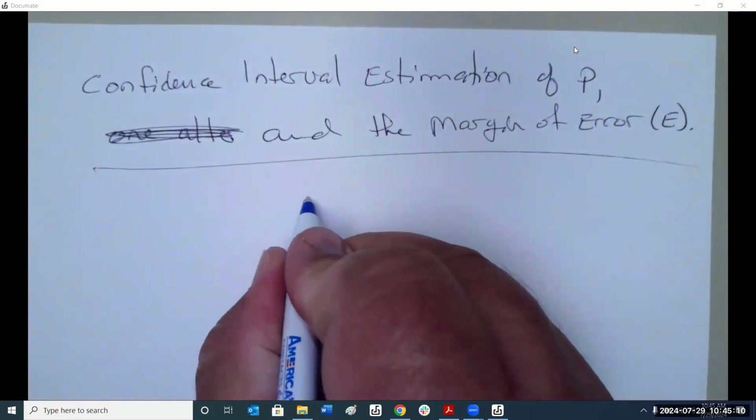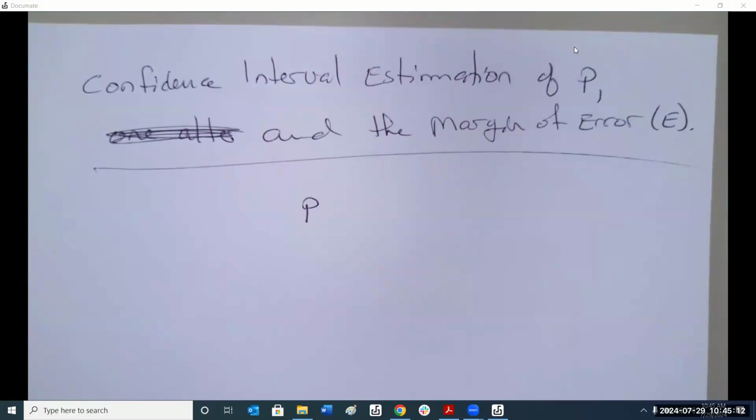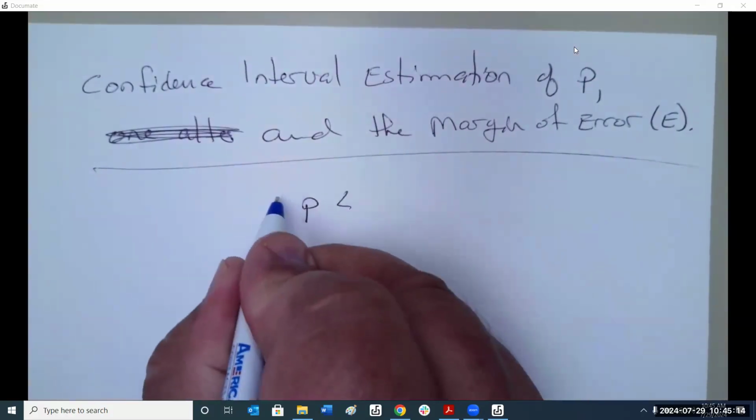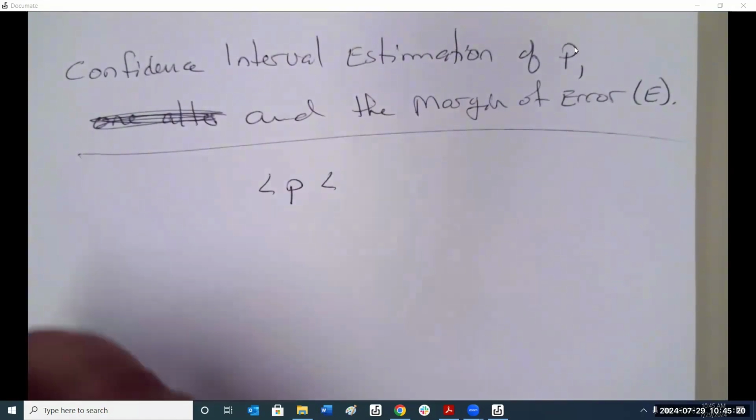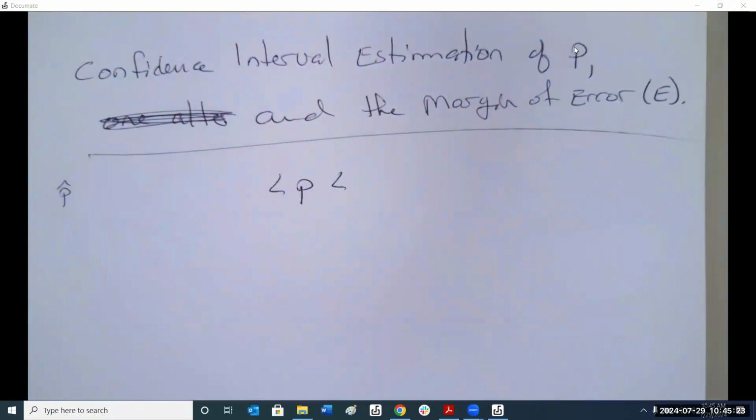So remember, we're looking for the population proportion. We collect data and we create a sample. That's P hat.